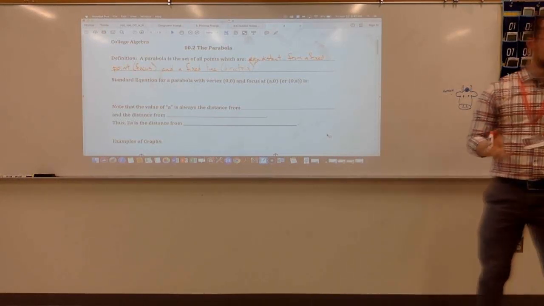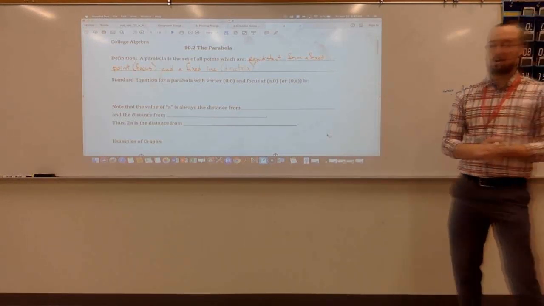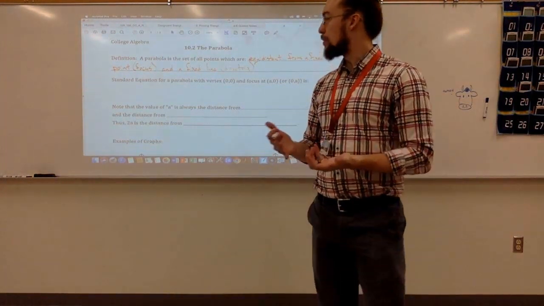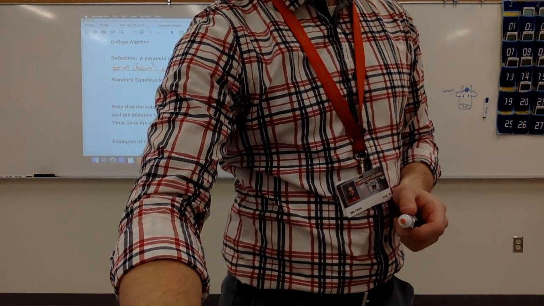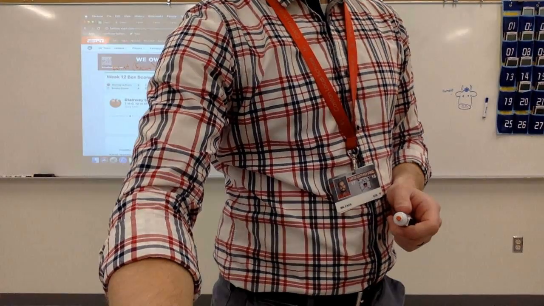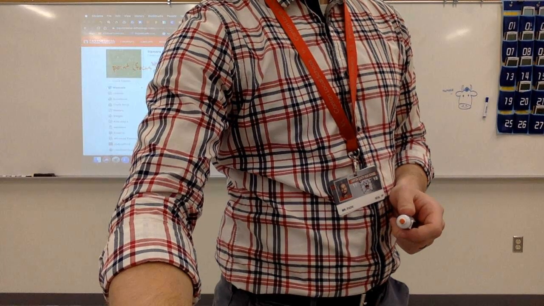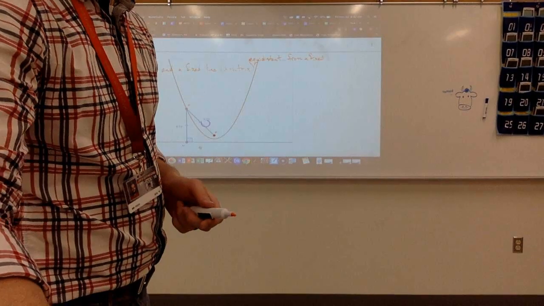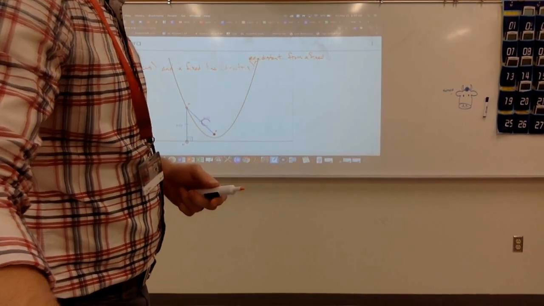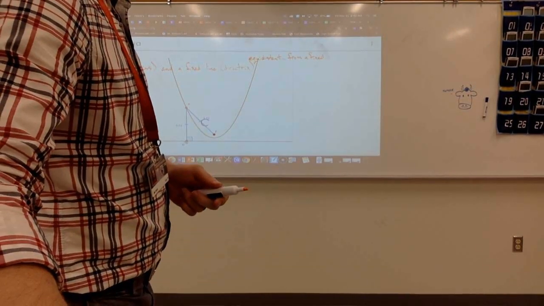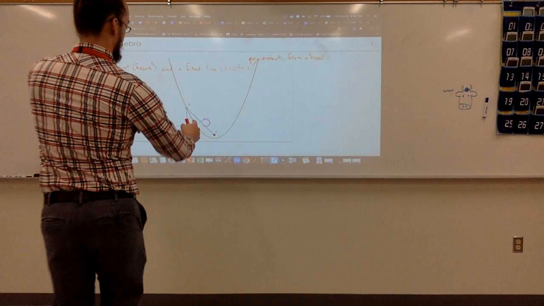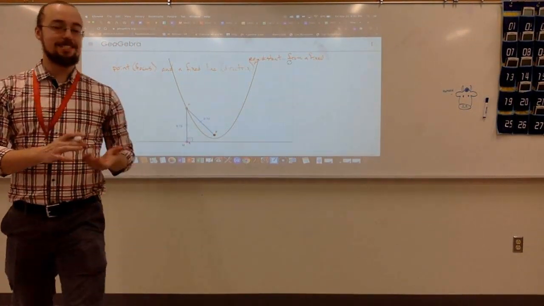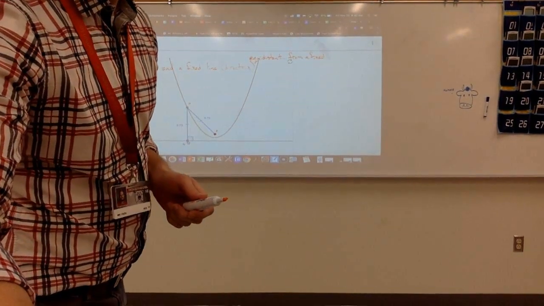I'll try to make the lines bigger next time. Sorry. So, to get a visual of what this means, let's see if we can reload that so it looks a little bit nicer. It's just supposed to show one set of lines at a time, showing that those distances are the same.